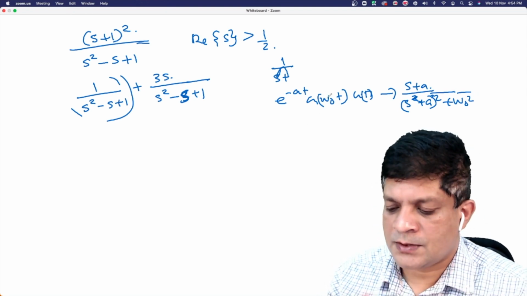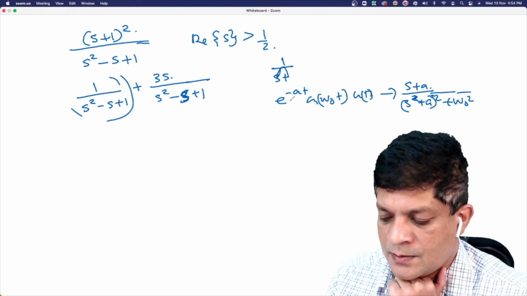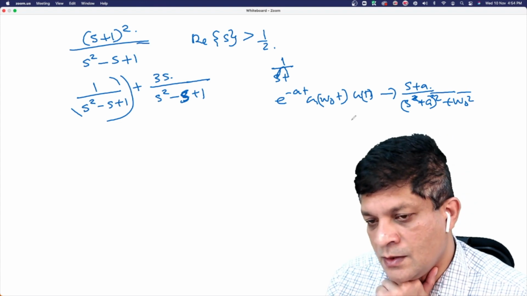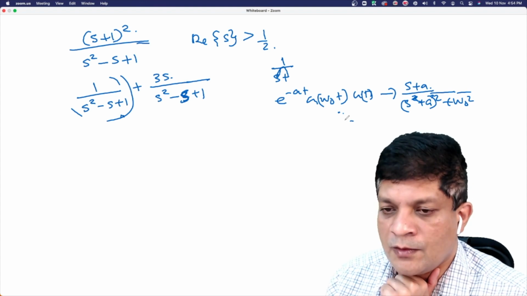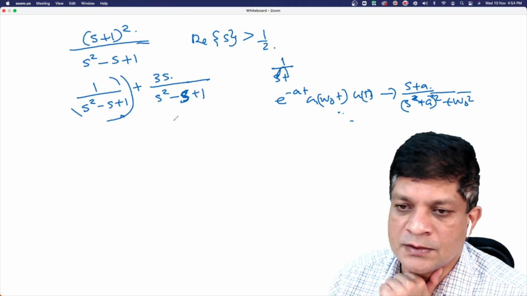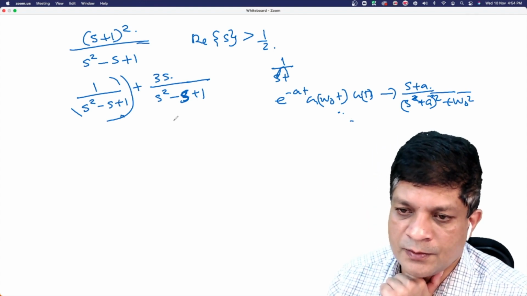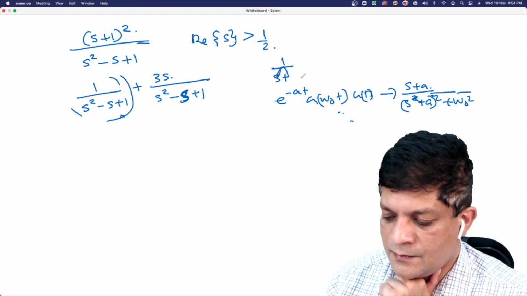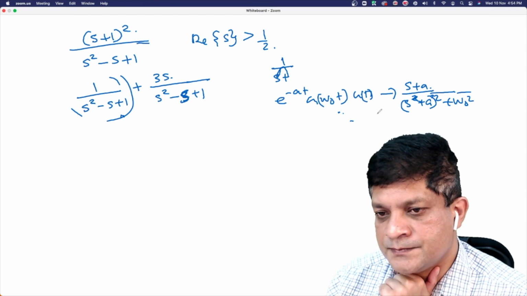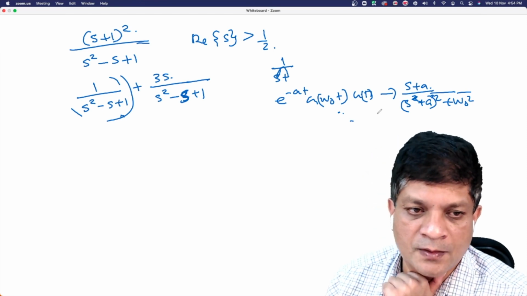And similarly for sine omega naught t into e to the power minus at, it is also there. So you have to convert this into this form and you can easily find the inverse transform. You can try it later on. First, use the standard results.